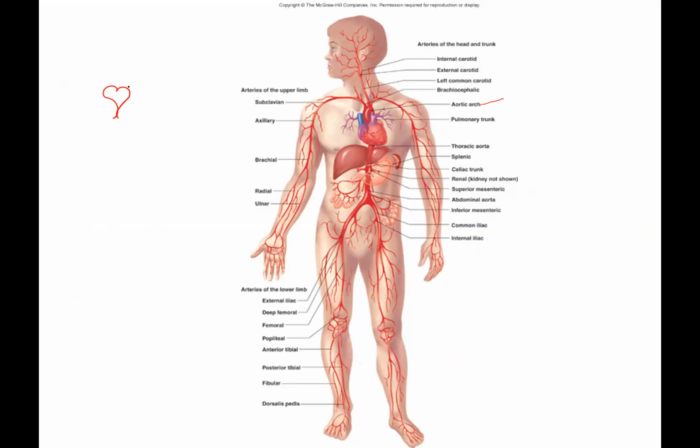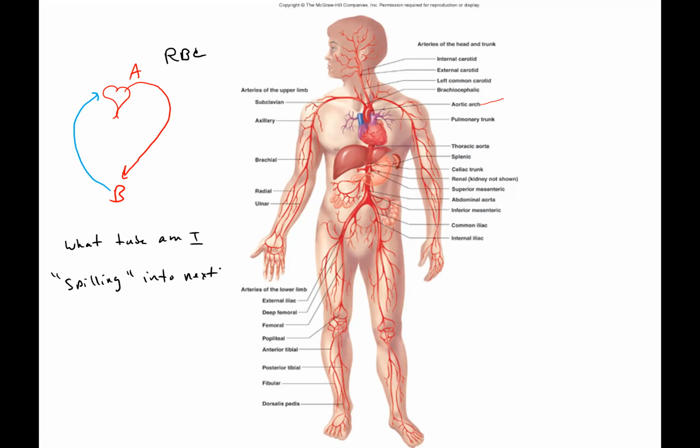You have the heart, and it goes from point A to point B, and then from point B back to point A. You have to try to visualize that you are a red blood cell traveling through these tubes, and the question you ask is, what tube am I spilling into next? Because there's an order of blood flow.